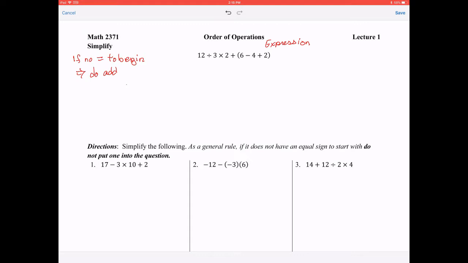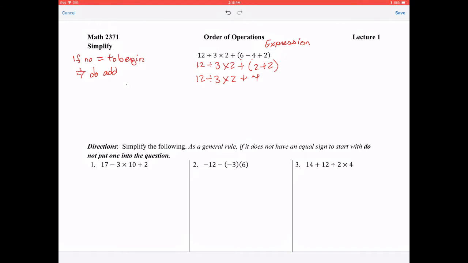Now, here's my third rule of thumb, is that you always recopy the entire question. So 12 divided by 3 times 2 plus parentheses 6 minus 4 is 2, plus 2. All right, 12 divided by 3 times 2 plus 4. All right, now what do I do?